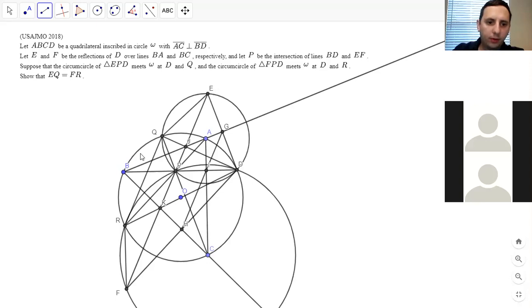So yeah, I want to show EQRF is an isosceles trapezoid. I think it's not hard to show that these angles are equal. But then I would also need to show that this is parallel to this. But I don't know if it's obvious somehow.